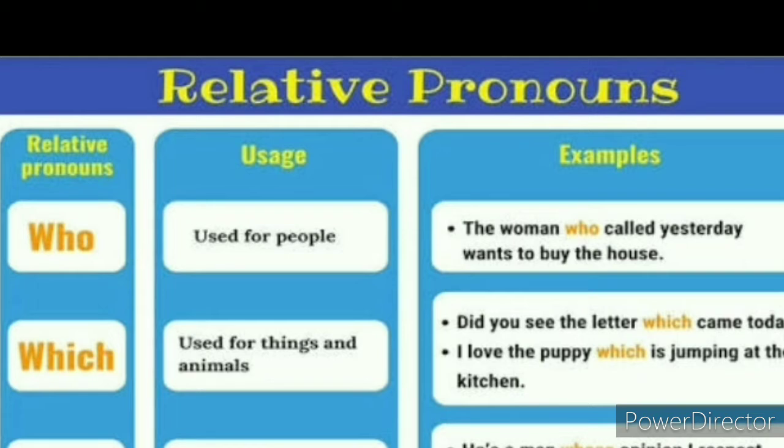Use of relative pronouns. So what are the uses? We use relative pronouns to join two clauses or connect clauses. In a sentence, there is a main clause and a subordinate clause. Relative pronouns are used to join the two clauses.